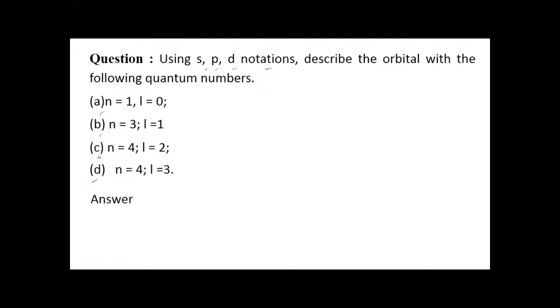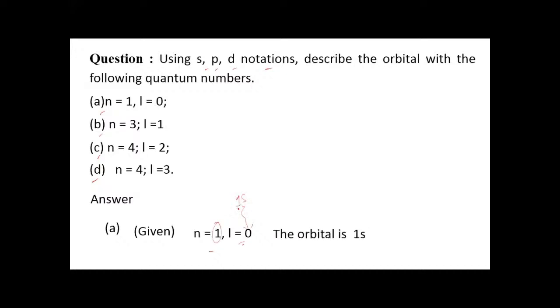So we answer first the A part. Given value is N value is 1 and L value is 0. You know, if L value is 0, it belongs to the S and N value is 1. Before S we place 1. So the orbital is 1s.